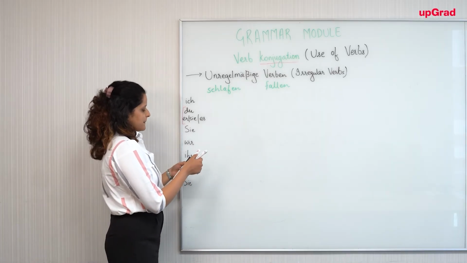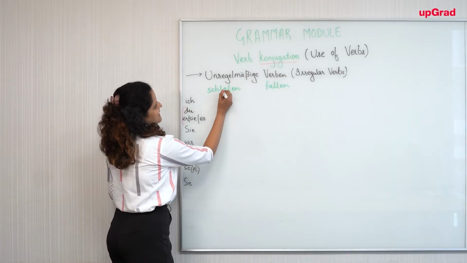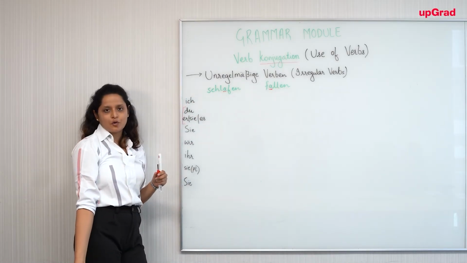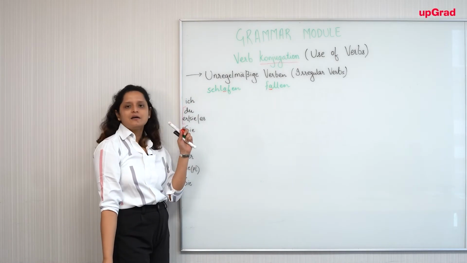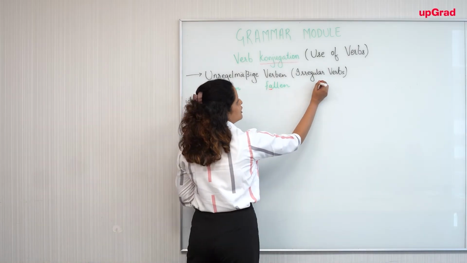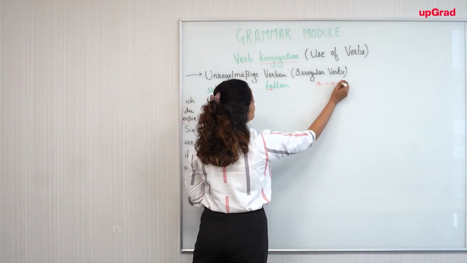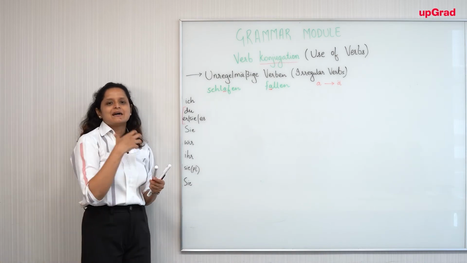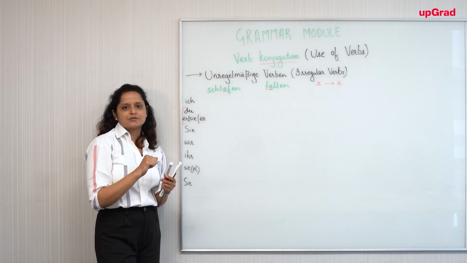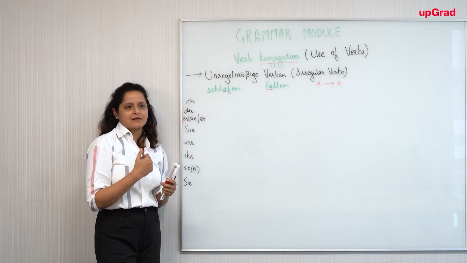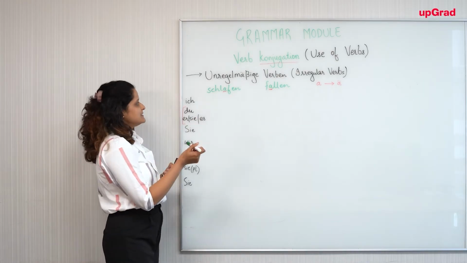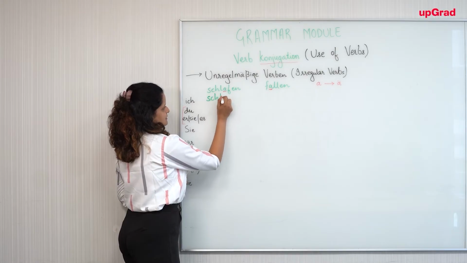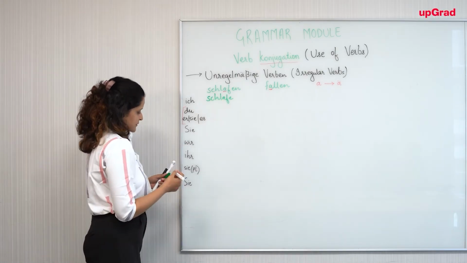Now if you see, the stem here has an a. So the vowel here that we have is a, which we will be changing. This a will turn to a umlaut, that is, the sound of a in the conjugation becomes ä. So let's take a look. This becomes ich schlafe.